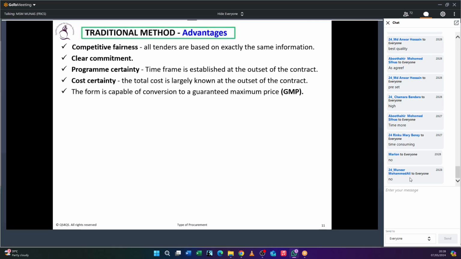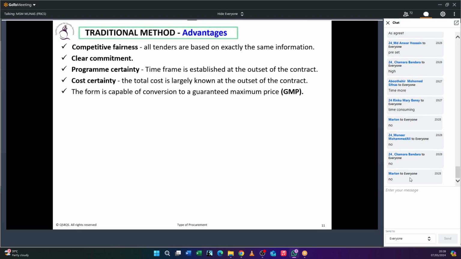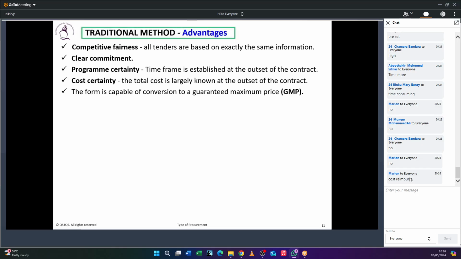So remember, it could go for a lump sum or it can go for a GMP as well. Lump sum and GMP, are both the same? No. Right. Okay, GMP is under what type of contract? It is a variant of cost reimbursement contract.